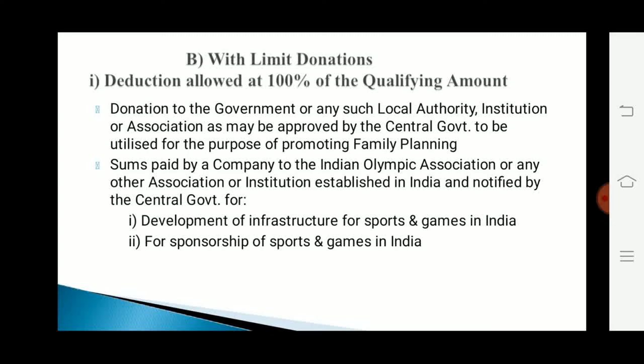Sum paid by a company to the Indian Olympic Association or any other association or institution established in India and notified by the central government for the purpose of development of infrastructure for sports and games in India and for sponsorship of sports and games in India.